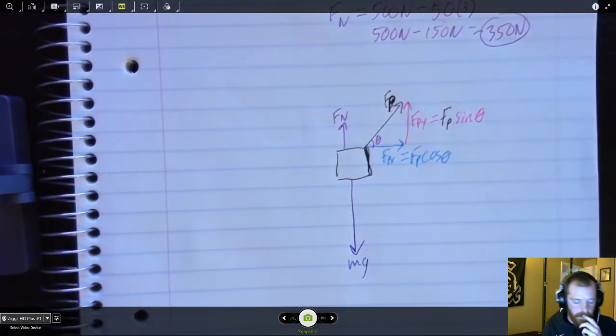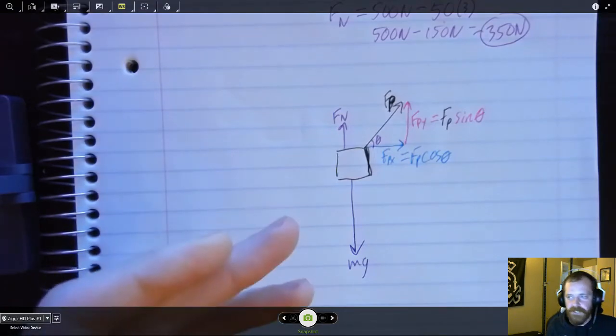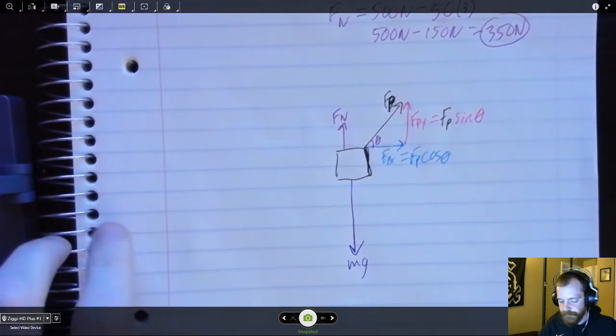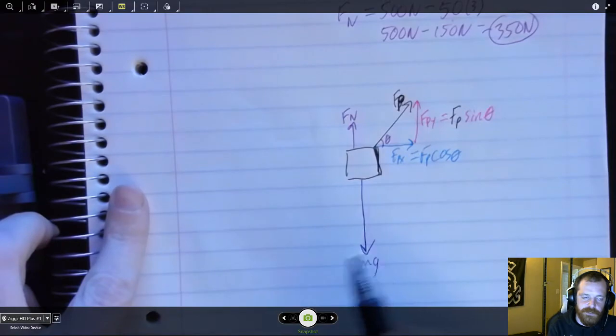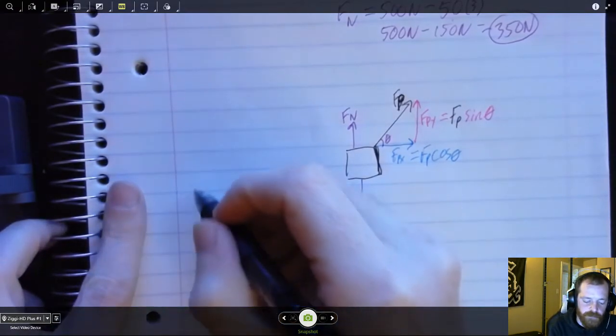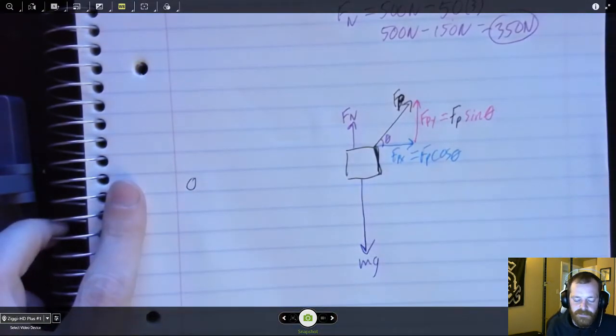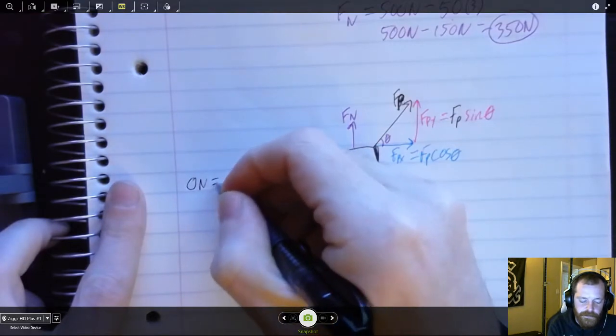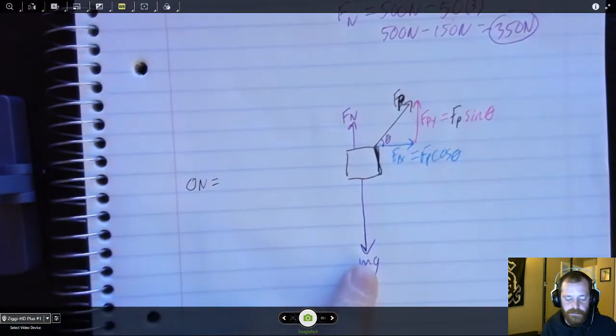All right, now this object is not accelerating up or down. So when we do the net force equals the sum of the forces, well, the net force is 0, right? It's not accelerating. So 0 newtons should be equal to the sum of these forces.